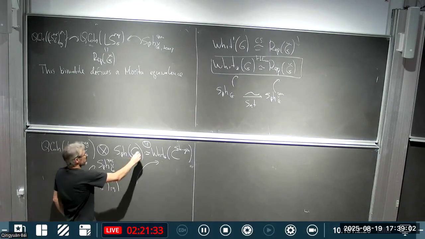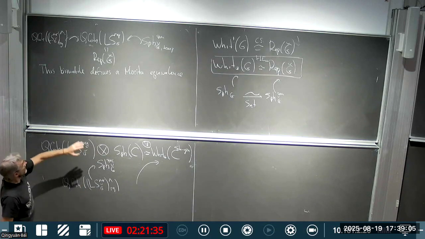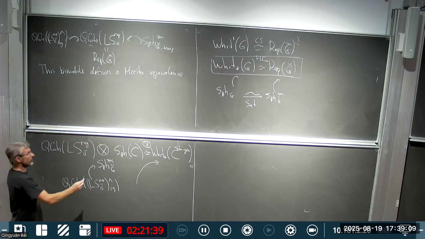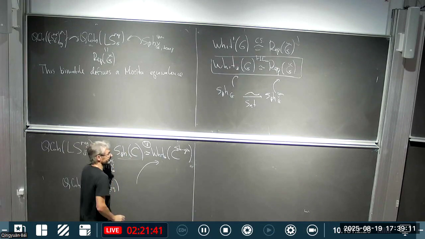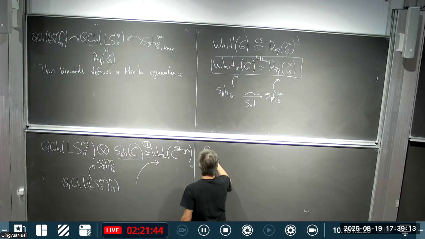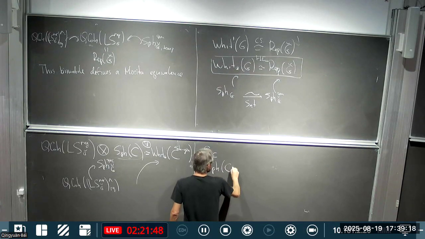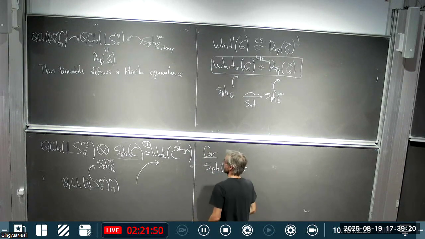So we have this, but I also said that this is a Morita equivalence, so therefore we can almost recover this. Another corollary is that C is canonically isomorphic to the following.